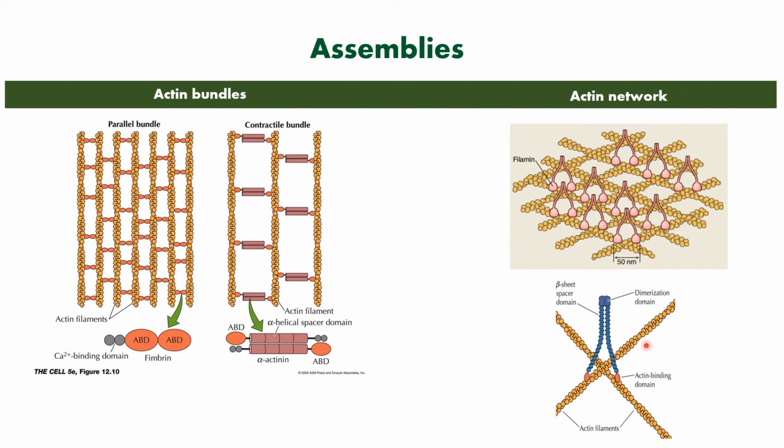These are considered as dimers, as you can see here. They are a flexible V-shaped molecule. They have an actin binding domain, as you can see here in red, at the end of the arm, while they have the beta sheet spacer domain, which is this one, and there is also the dimerization domain.